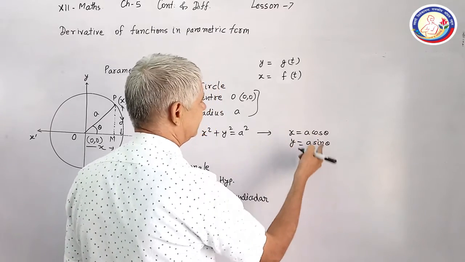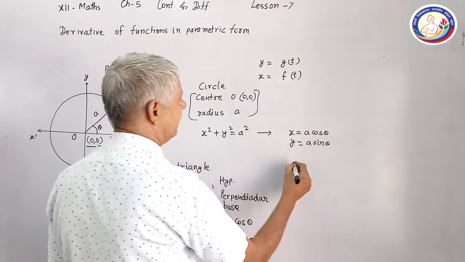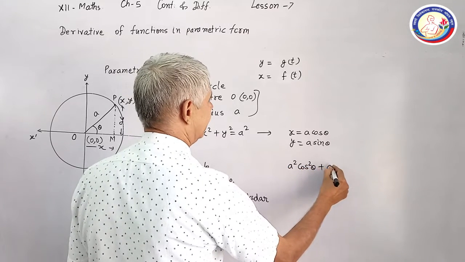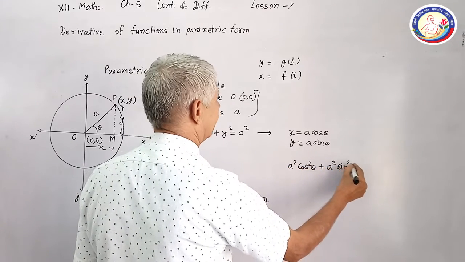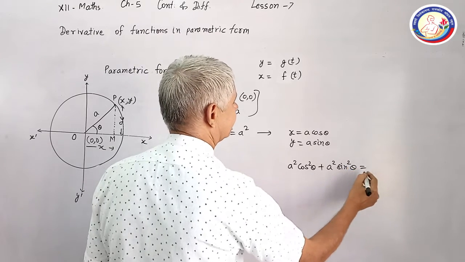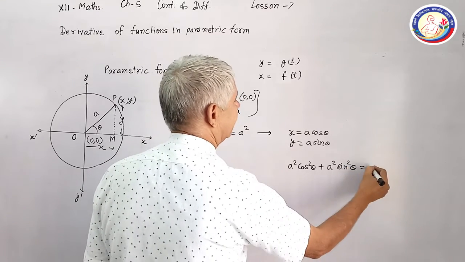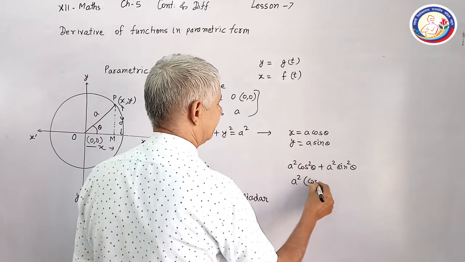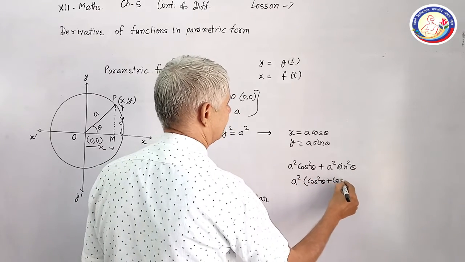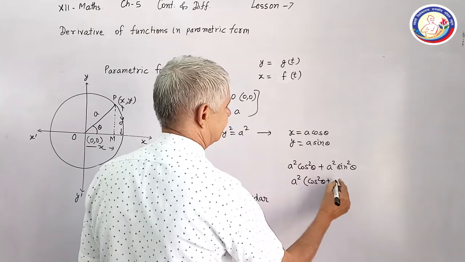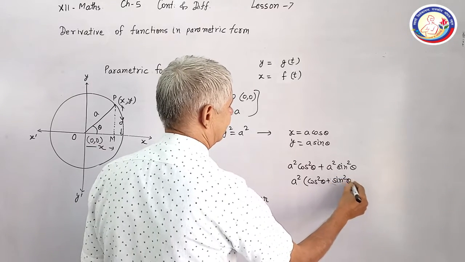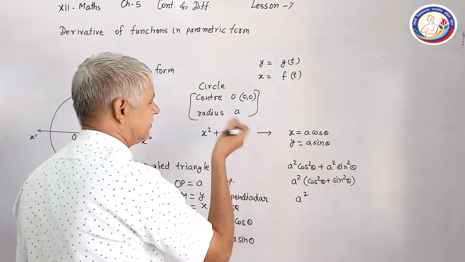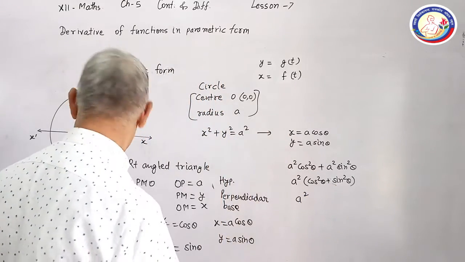If you substitute these values here, you will have a square cos square theta plus a square sine square theta equal to a square, common, times cos square theta plus sine square theta, and it is a square because this is 1. So the condition is satisfied. This is parametric form.